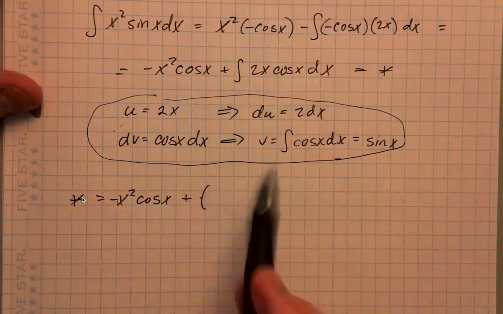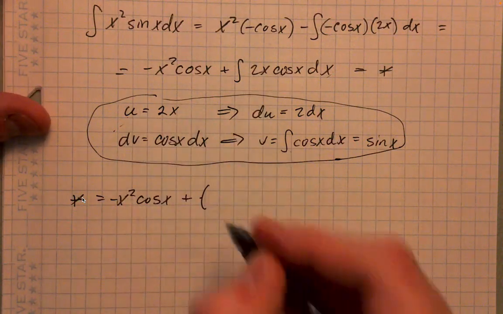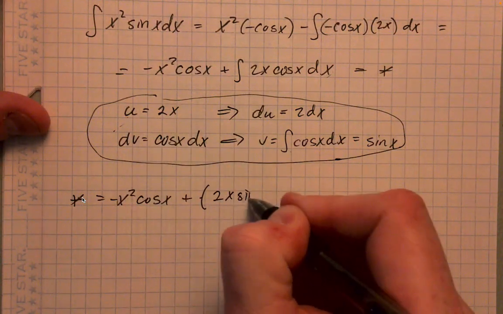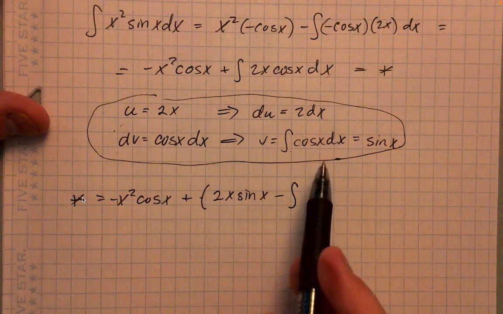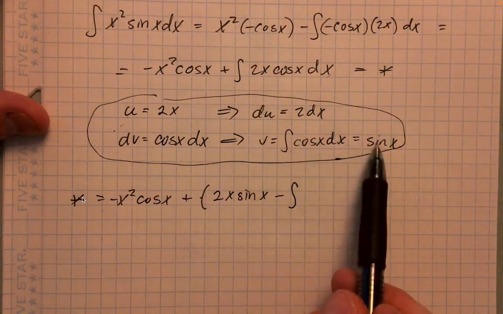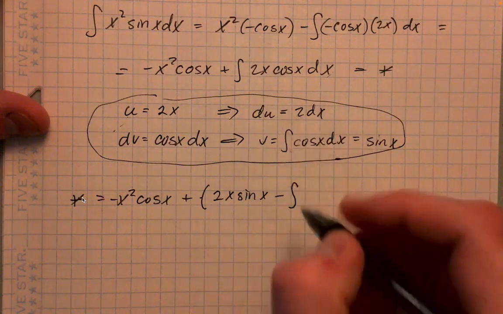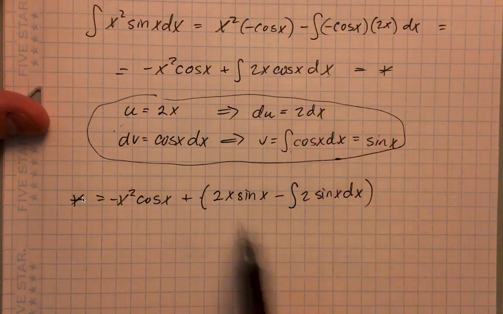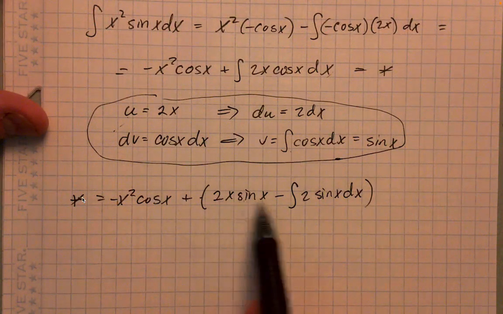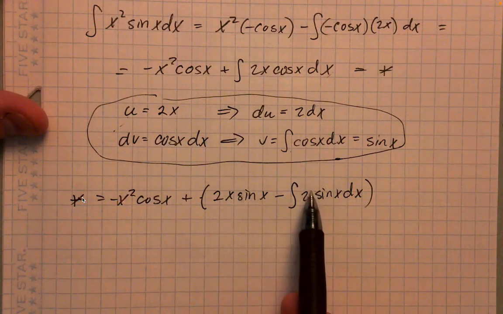And so it's going to be plus u times v, so 2x sine x, minus the integral of v du, which is going to be sine x times 2. Okay, so this is u times v minus the integral of v du.